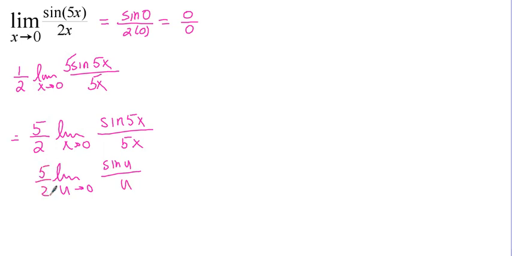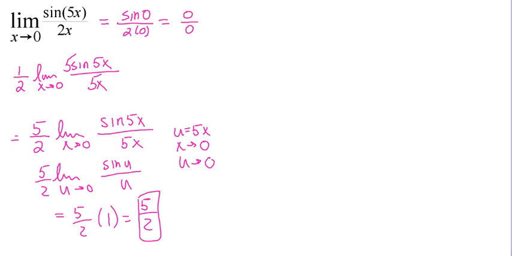Since as x approaches 0, if u is equal to 5x, then u must also be approaching 0. And the limit as u approaches 0 of sine of u over u is a known limit that can be proved using the squeeze theorem. It equals 1, so this is 5 over 2 times 1, or just 5 over 2.